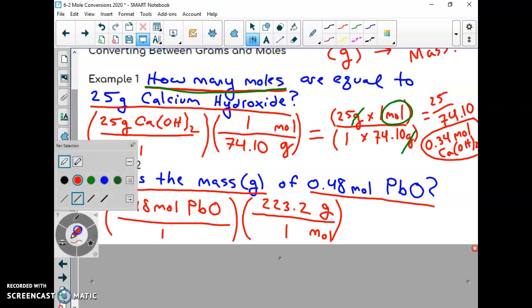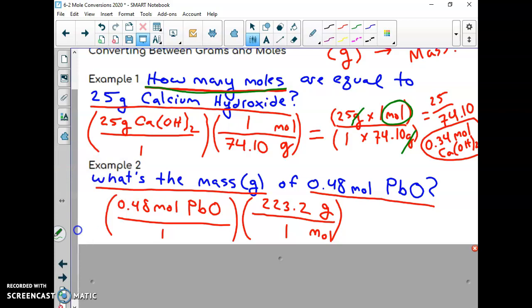So, not going to show the full calculation. This one's a little bit easier because you have 1s on the bottom. If you multiply by 1, you get 1, and then divide by that 1, it's still the number you have. So our denominator doesn't really matter so much here because they're both 1s. But our units, moles, is on top and on bottom, so those cancel out, and then we just have to multiply our numbers in the numerator.